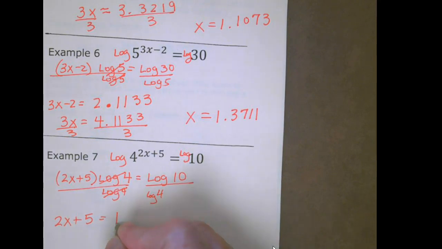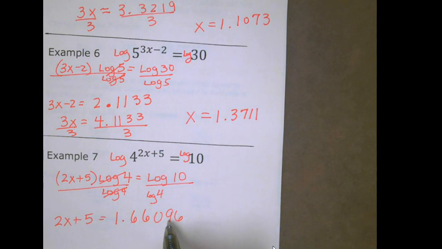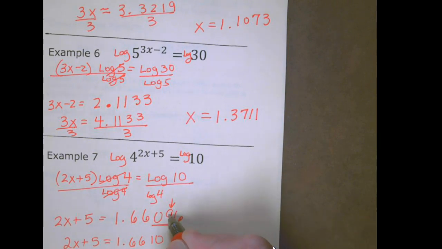With my calculator, round it off to 1, 2, 3, 4. This would be 0.96, and so 1, 2, 3, 4. That's going to round the 9 up to a 10. 1.66. This 6 rounds the 9 up, the 9 rounds up to a 10.